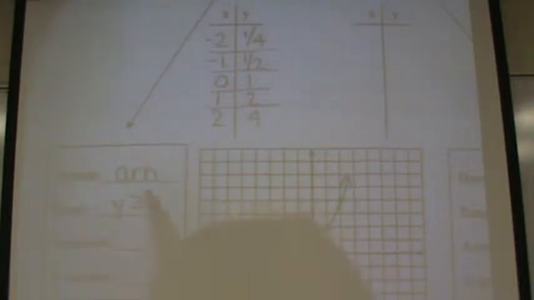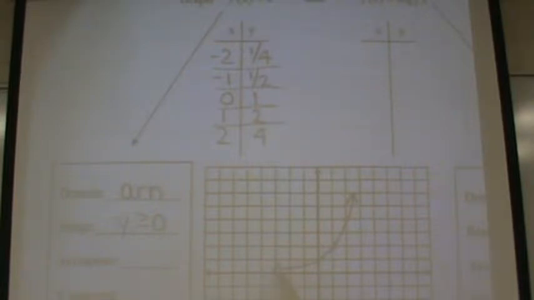Notice that if I moved along the x-axis and went further, if I did -3, I'd get 1/8. It's going to get closer and closer to the x-axis, but it's never going to go below the x-axis. We have an asymptote, which is the x-axis.